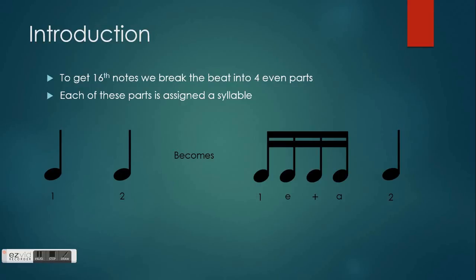I'm going to count quarters but clap 8th notes. 1, 2, 3, 4. And finally for 16ths. Again, I'm going to count quarters and clap the 16ths. 1, 2, 3, 4.